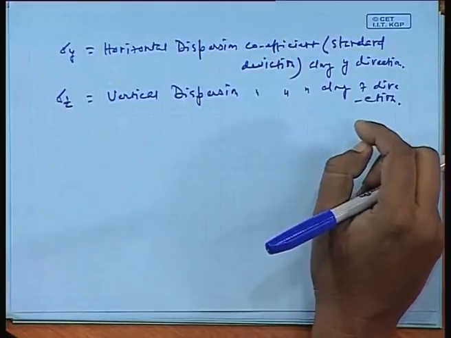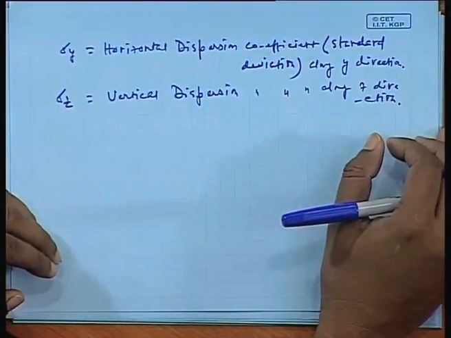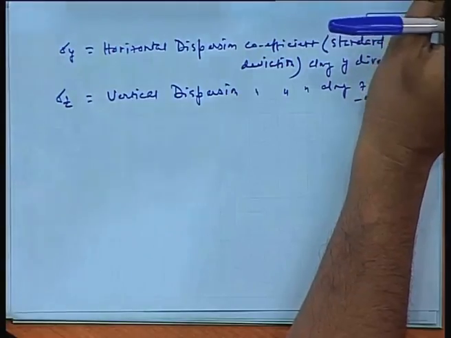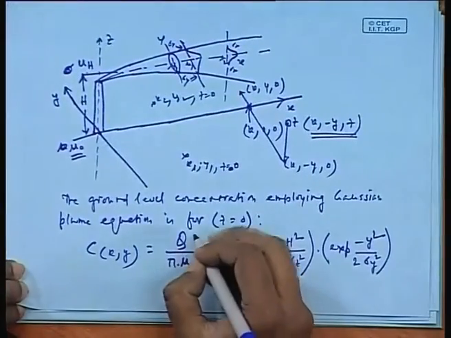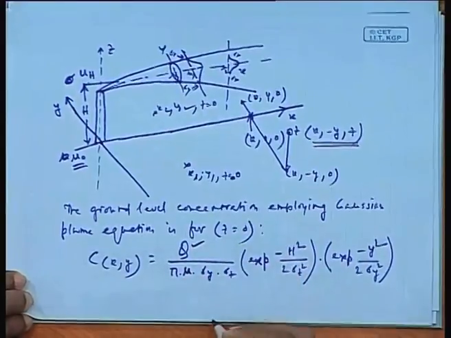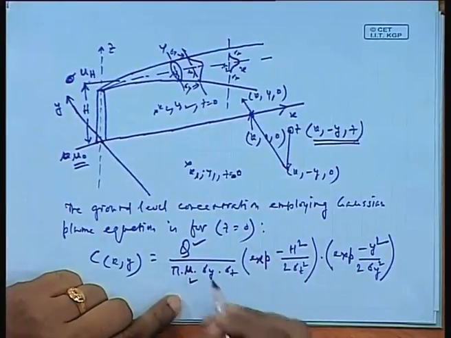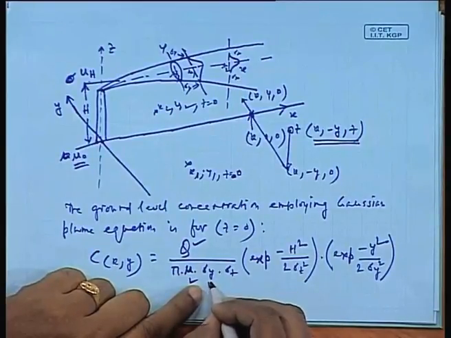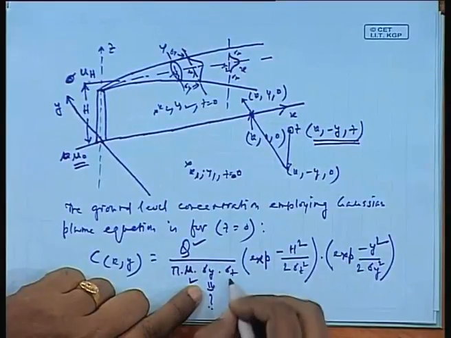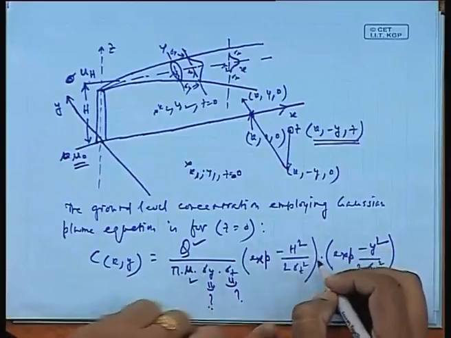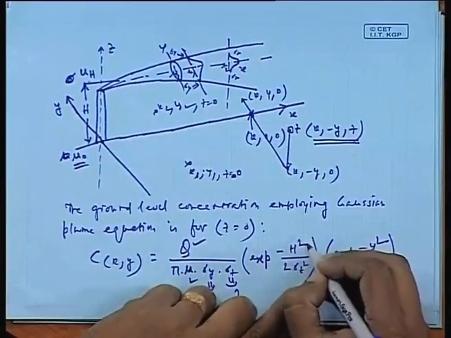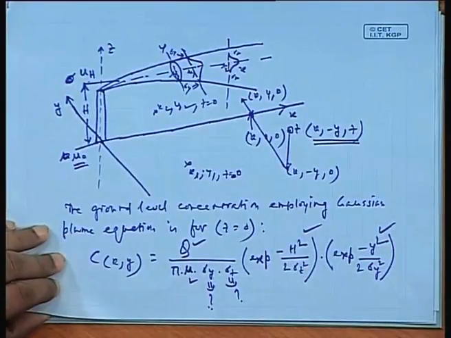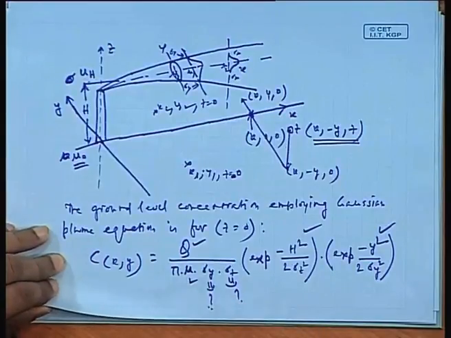There are a few important things in the expression we have already considered. This one is given to you, this one is known, this one would be known, but these two are relatively unknown. H and y will also mostly be known, but we have to find out sigma y and sigma z.